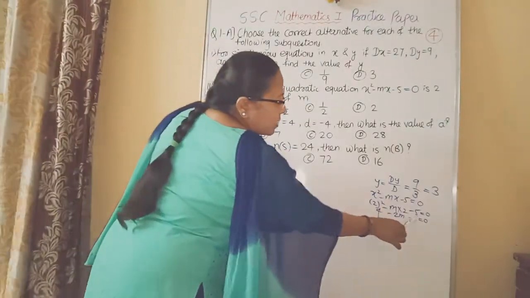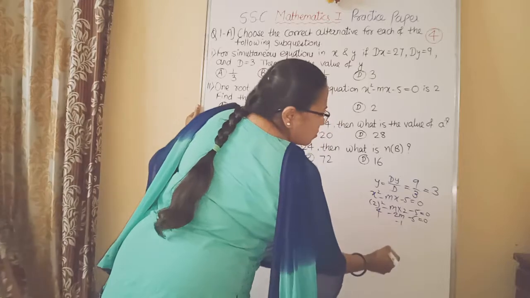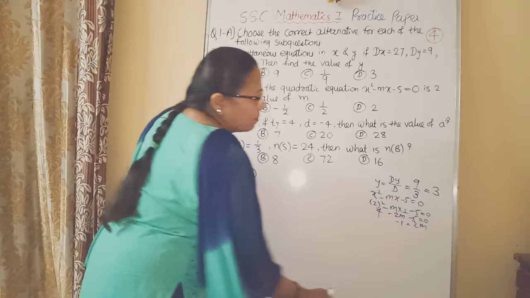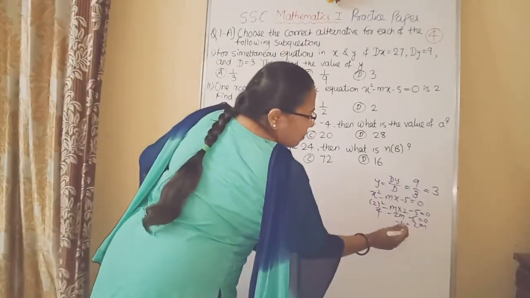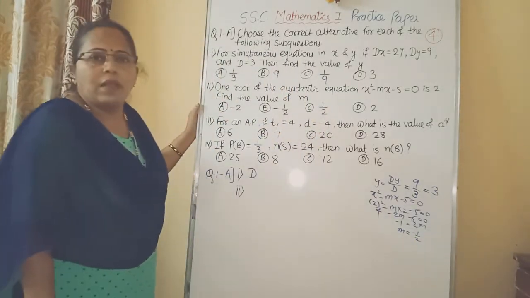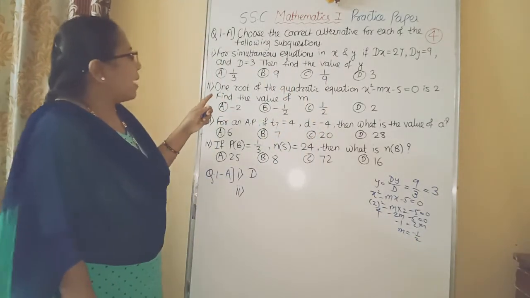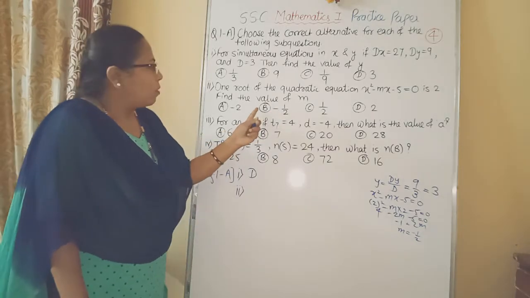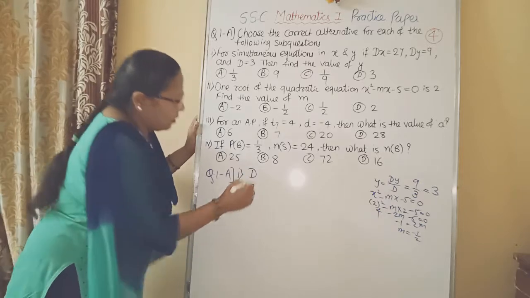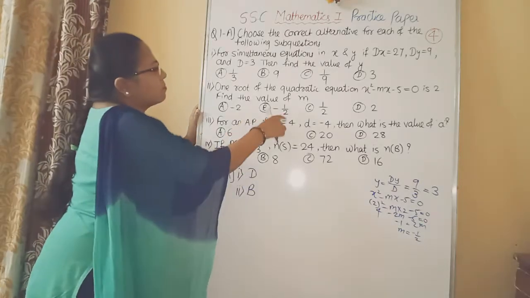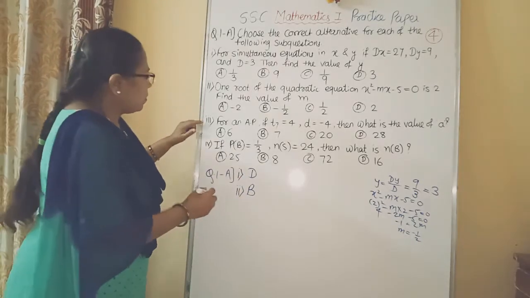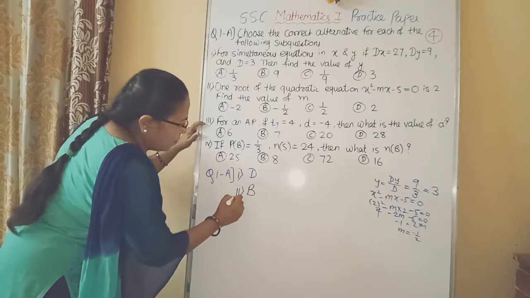Now you have 4 minus 5, minus 1, and take this minus 2m on this side, so we will get plus 2m. So 2m is equal to minus 1, therefore m is equal to minus 1 upon 2. So the value of m is minus 1 upon 2. Option number B. So here you have to write correct option number B. No need to write these answers also. Only write the option number. Follow?